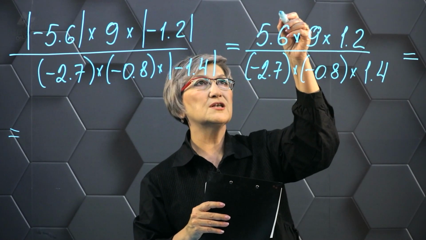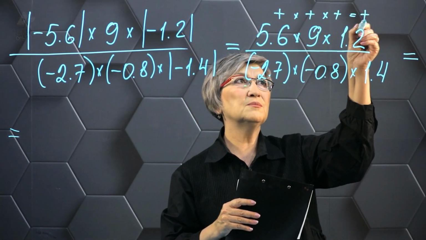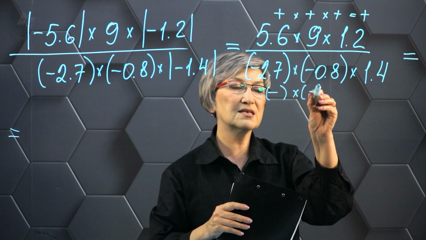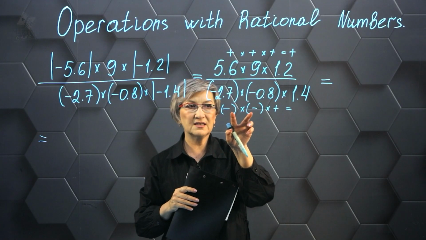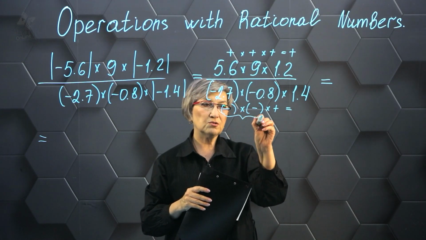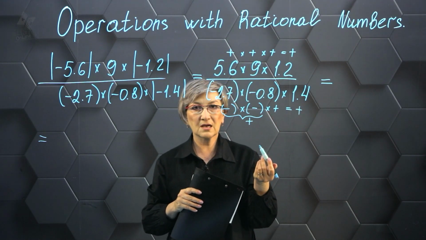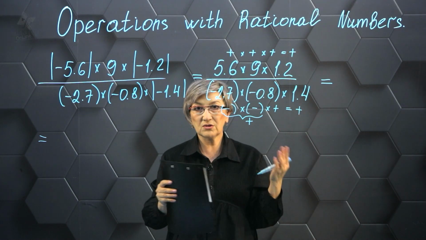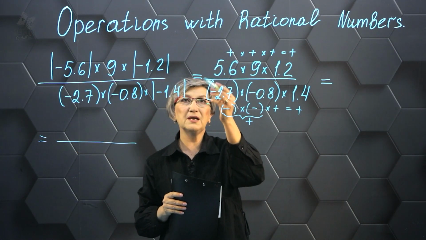That is, in the numerator we have a positive number multiplied by a positive number multiplied by a positive number, and this gives us a positive number. In the denominator, we multiply the negative number by the negative number and multiply it by the positive number. When we multiply two negative numbers, we end up with a positive number. In this case, it will be a plus sign, and multiplying a positive number by a positive number would also be a positive sign. And then we would need to divide the positive number by the positive number. The result is a positive number, so I'm not going to put any sign in front of the fraction line.